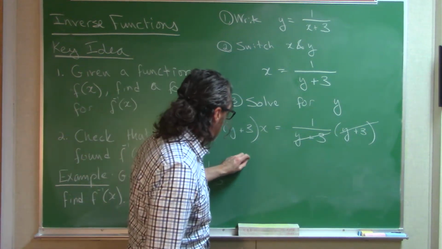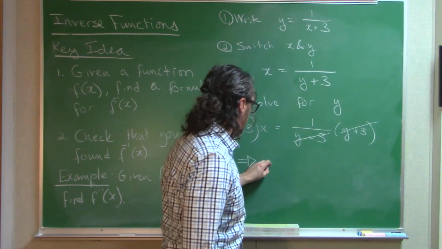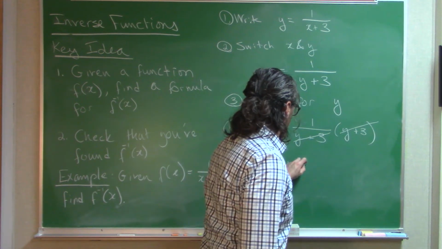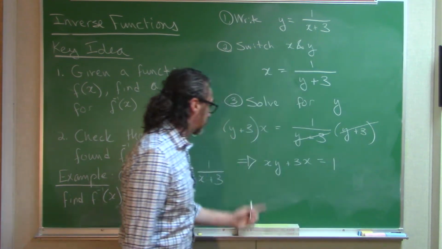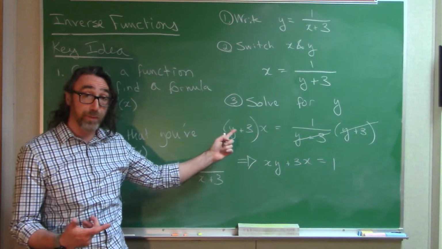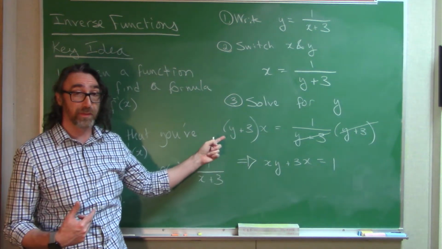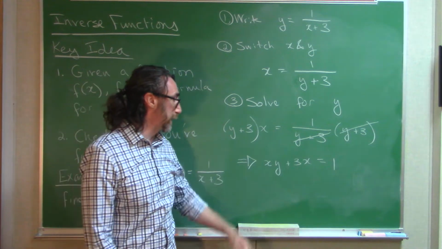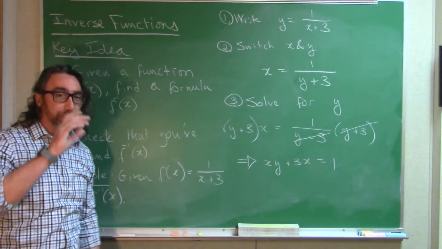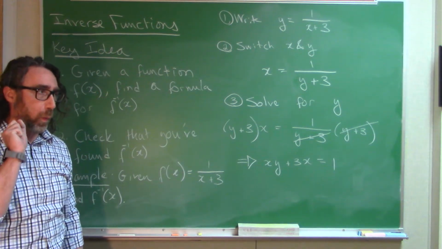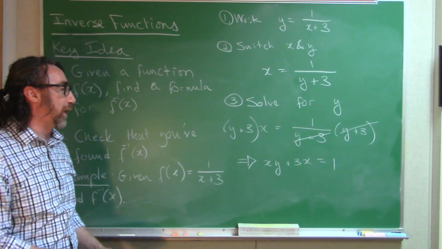So here's what I'm left with. Notice on the left side I distributed the x to both of the terms in parentheses, leaving me with this. Now I want to get y by itself on one side.